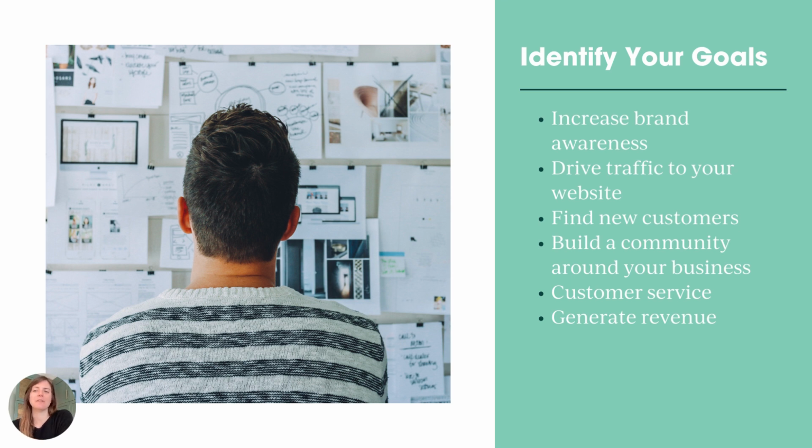So the first step, as with all portions of your business plan, is to identify your goals for using social media. I've listed a few here to give you an idea of what social media can help you accomplish. So for example, increasing brand awareness, which is the recognizability of your company, name, and logo, driving traffic to your website, finding new customers, building a community around your business, customer service, such as answering questions and complaints, and then generating revenue.